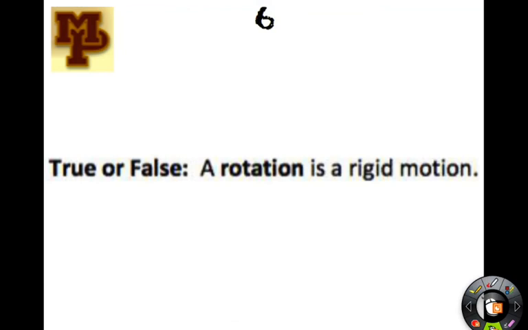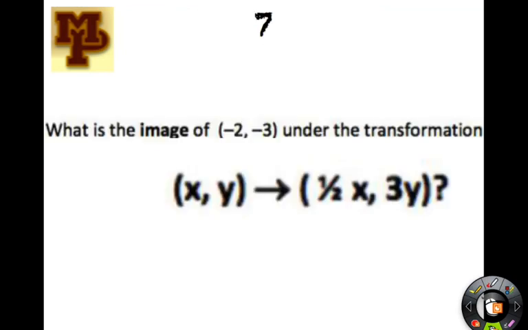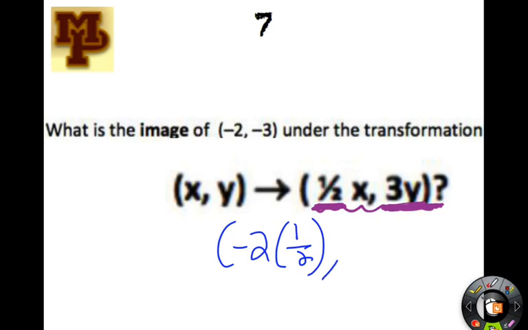Alright, let's see if I can get to the next one. We want to see what the image of this point here actually would be if we do this to it. When I say do this, it looks like we have to take the x-coordinate and multiply by 1/2, and then we take the y-coordinate and multiply by 3. So if we take the -2 and multiply it by 1/2, and with the -3 we're going to have to multiply that by 3.